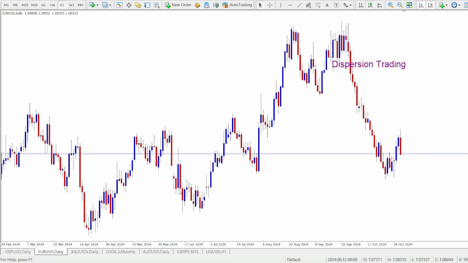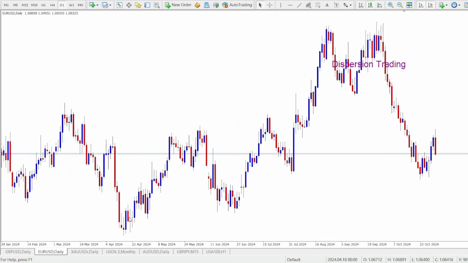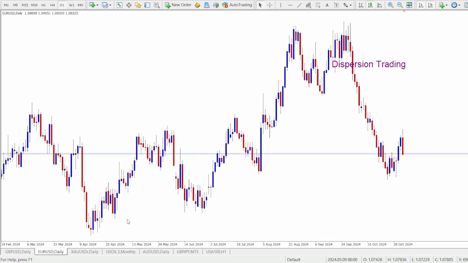This is why dispersion trading is also popular in equity and options markets. Traders use it to spread their risk across several assets, capitalizing on volatility spreads rather than taking big directional bets. It's similar in Forex, where the approach focuses on currency pairs with historically strong correlations or specific volatility dynamics.